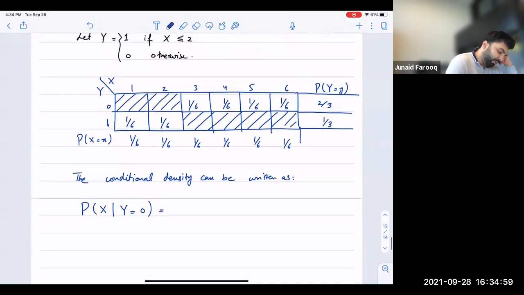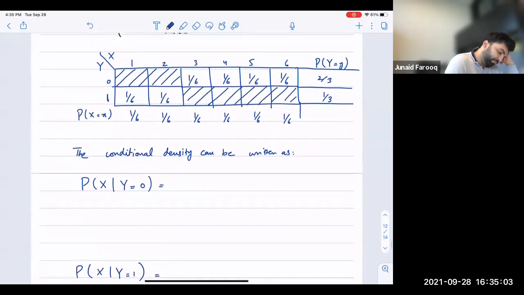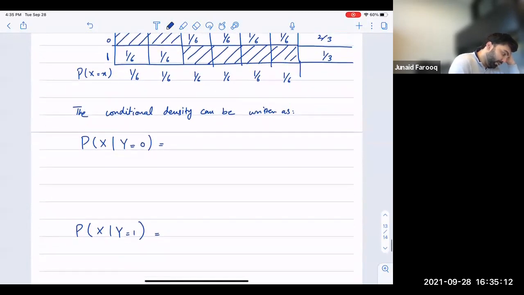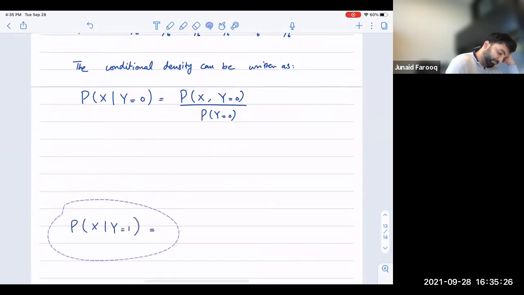So what happens if Y is 0? X can be 3, 4, 5, 6. By definition, this is the probability of X comma Y equals 0 divided by the probability Y equals 0.